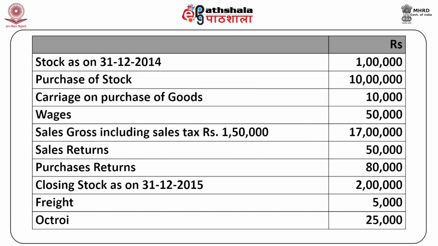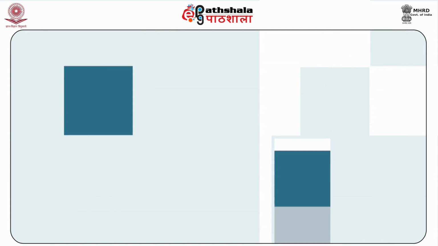The other information: stock as on 1/1/2014 1 lakh, purchase of stock 10 lakhs, carriage on purchase of goods 10,000, wages 50,000, sales gross including sales tax rupees 1,50,000 which comes to 17 lakhs, sales return 50,000, purchases return 80,000, closing stock as on 31/12/14 is 2 lakhs, freight is 5,000, octroi 25,000. Solution.